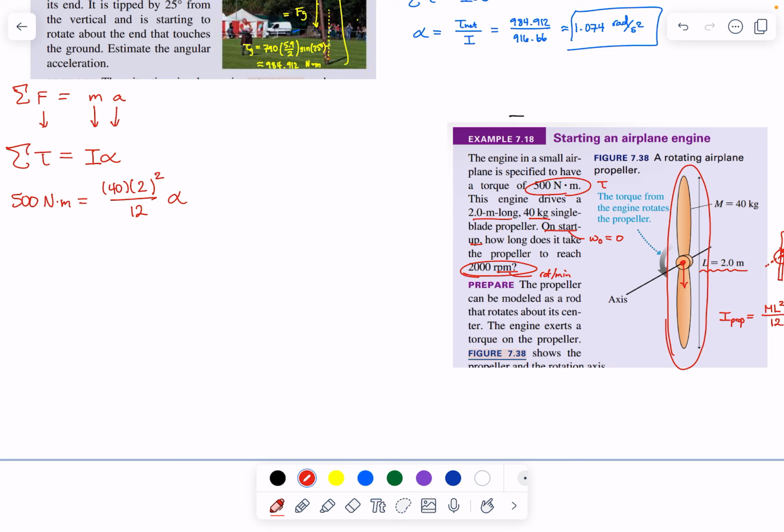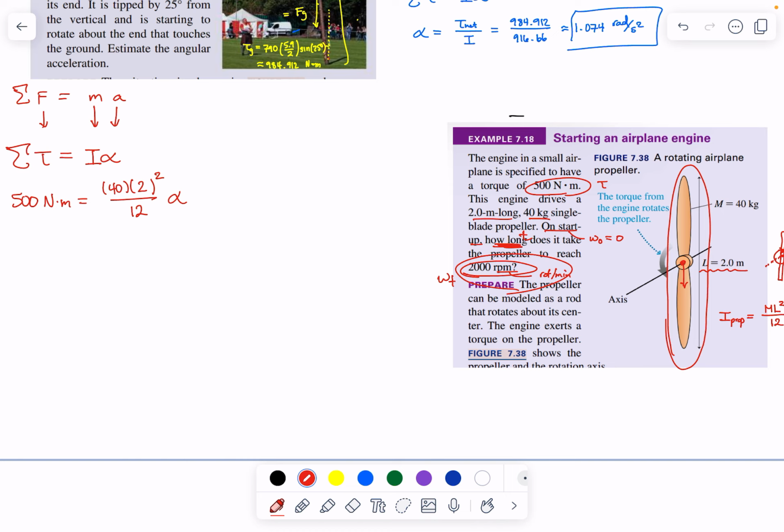We do not know what alpha is, but we do know that we have a very nice kinematic equation that involves alpha and omega. So if we're thinking how long, we know we want time, we have alpha, and we have omega. This would be omega final, the 2000 RPM.